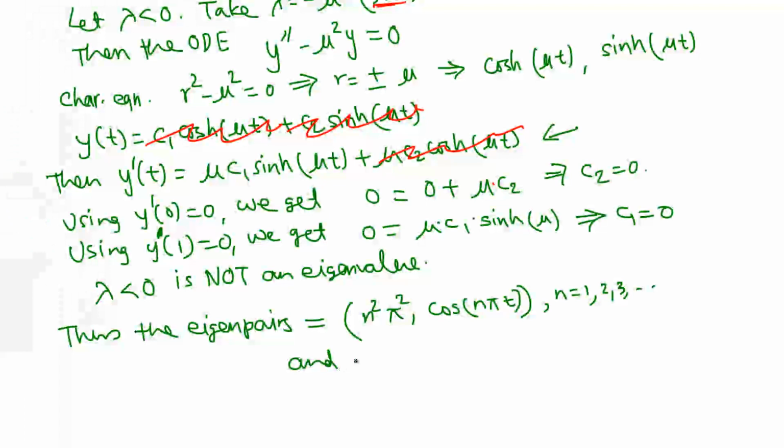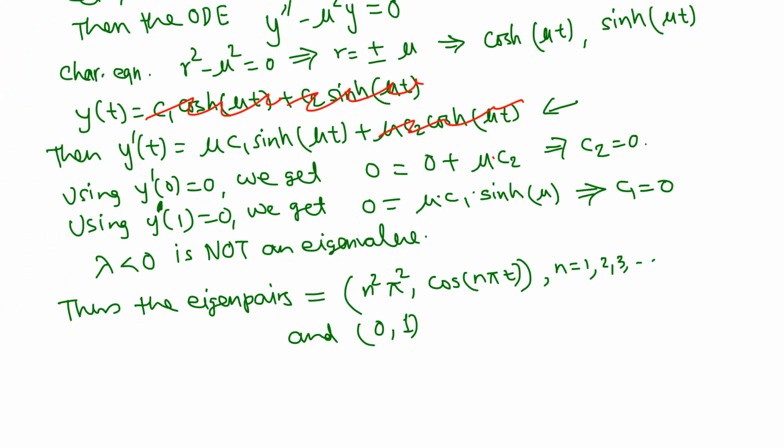And the question is, we need to normalize. So 1 means it's already normalized, we don't have to do anything, but these eigenfunctions are solutions, so we need to normalize now.